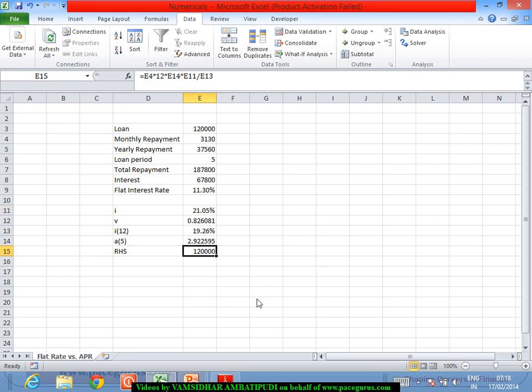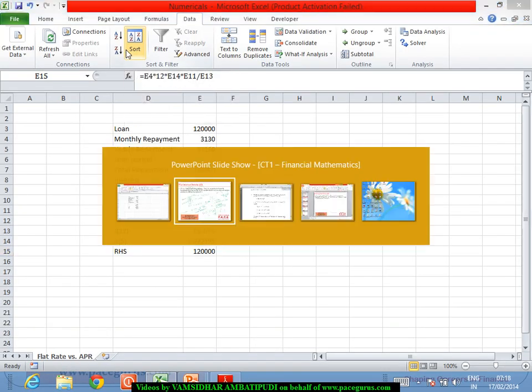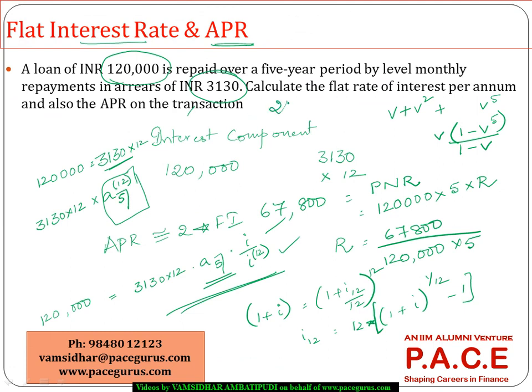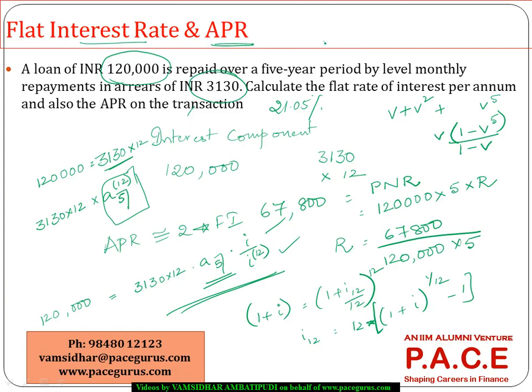where the present value on the right hand side is equal to the present value on the left hand side. So that is what will give me that the annual percentage rate in this transaction is 21.05%, whereas the flat interest rate considered on a non-compounded basis is only 11.3%.